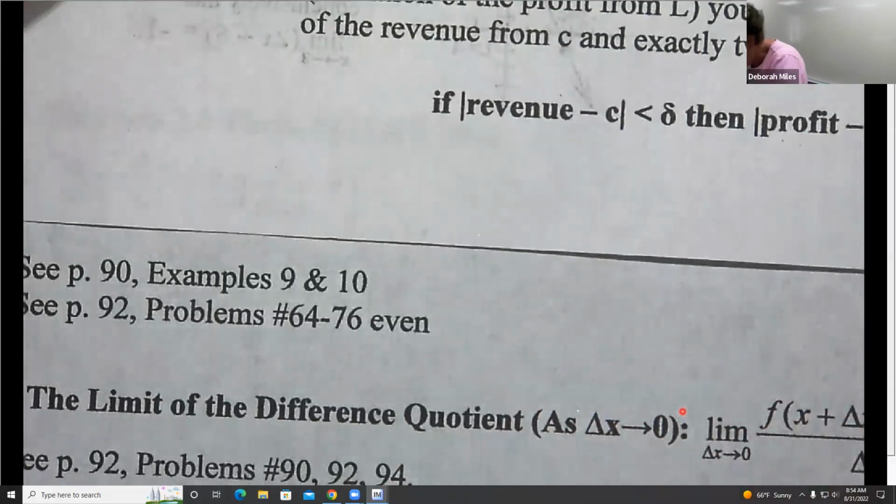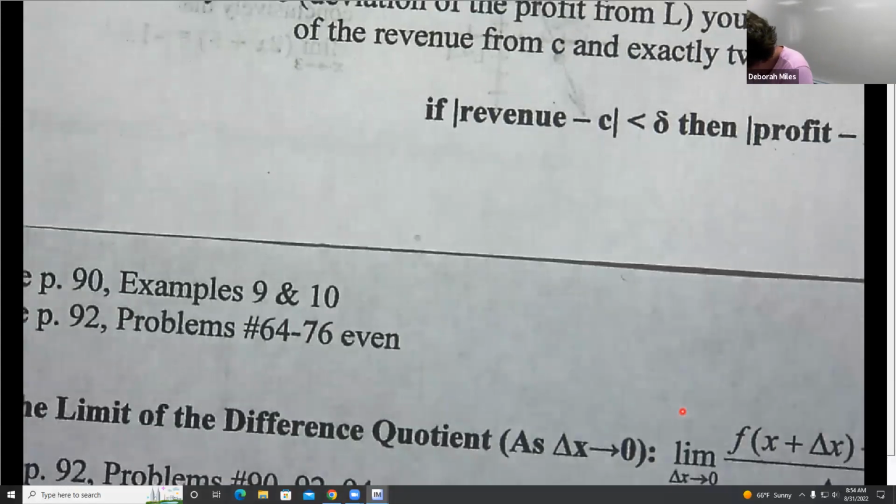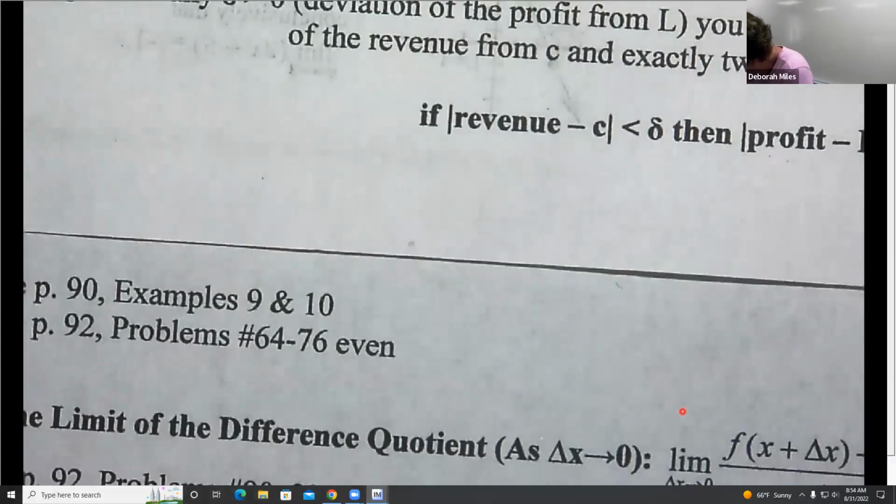And then in 2.3, you can do up to 35 for sure. I think you could do 47, 48, and 51. 47, 49, and 50.